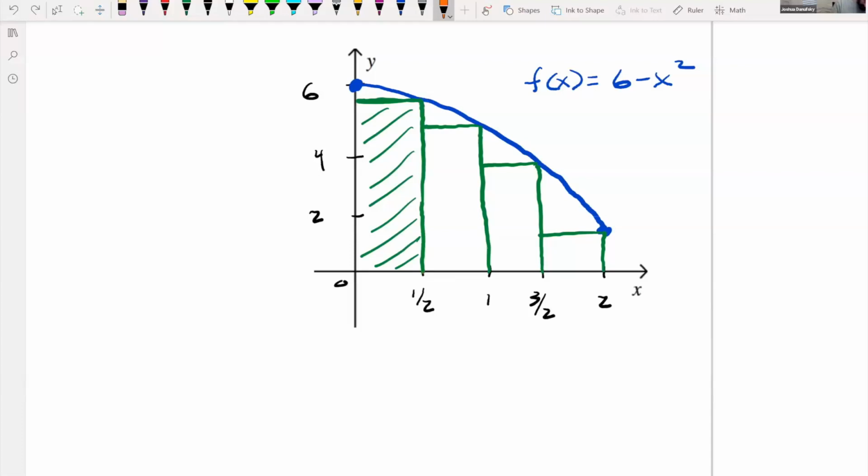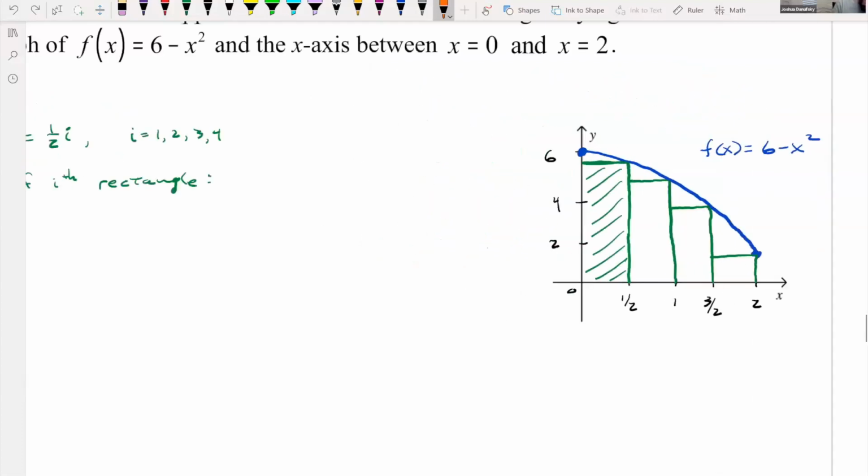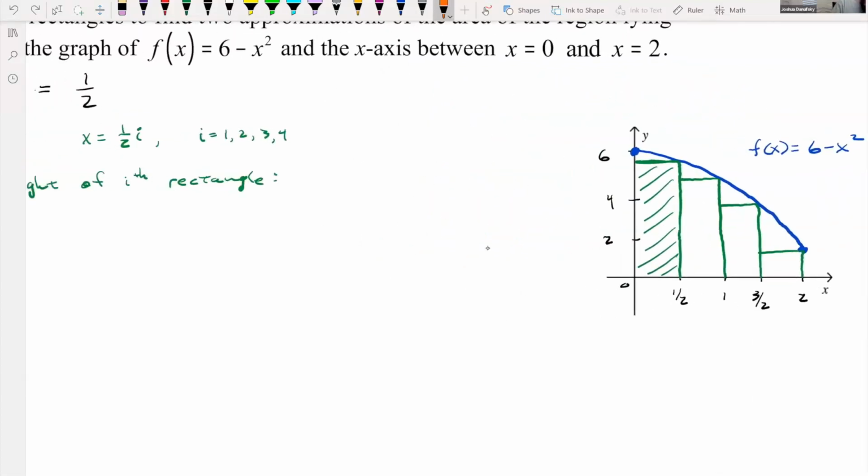So we can write that the height of our rectangles is going to be f of our right endpoints. Same thing with this next one.